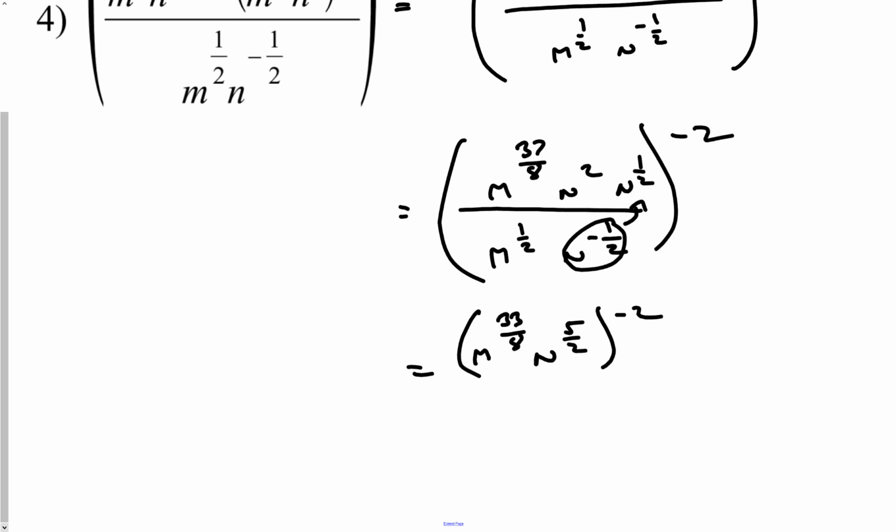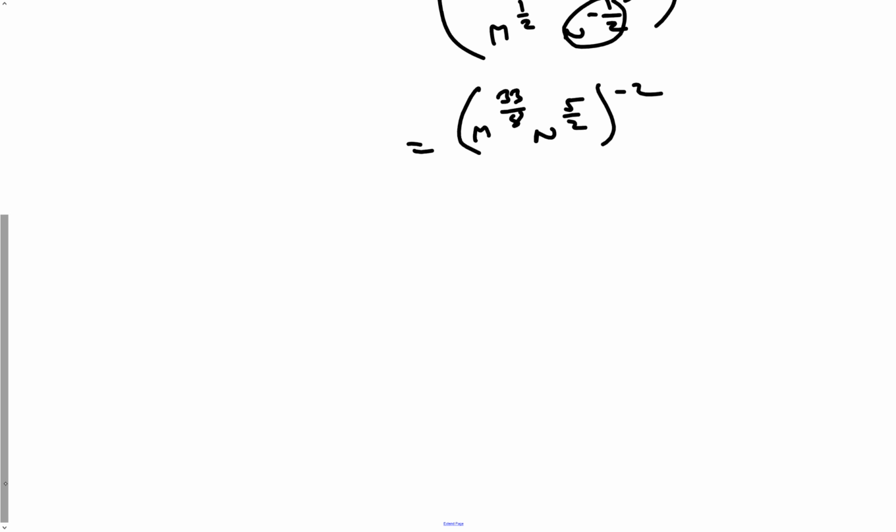Either way, you should get to the same spot. All right, let's just do this. Let's just put this on the bottom of a fraction, m to the 33/8, n to the 5/2 power, and now we're both raised to the +2.